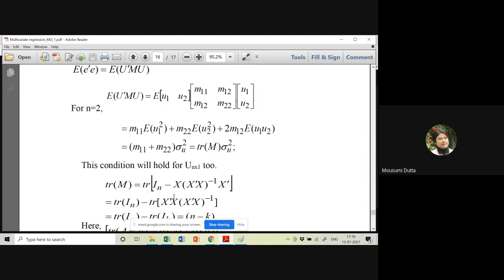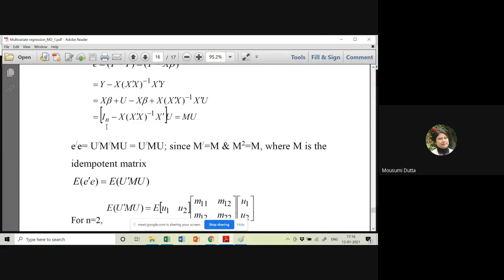So trace M, for this particular M, this particular M is I n minus x prime x inverse x prime. This is this M, I n minus x prime x inverse x prime.